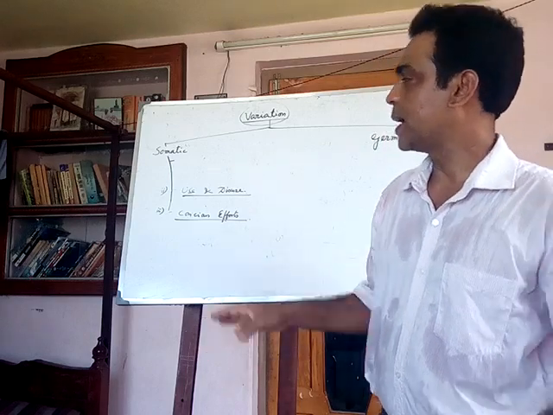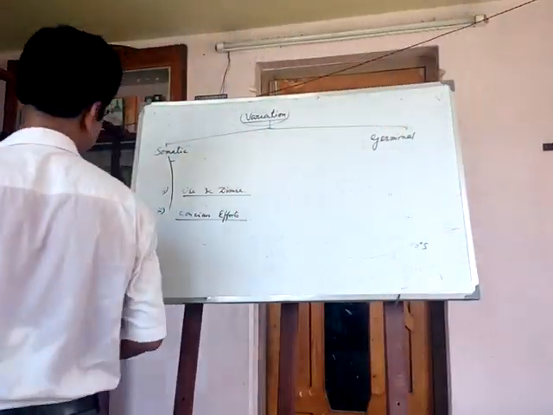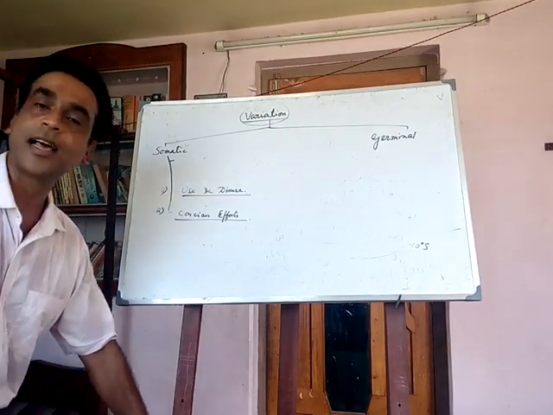Now, three types of effects that can cause somatic variations I represent here.